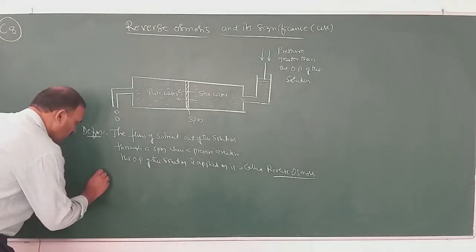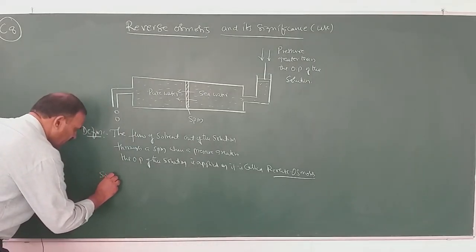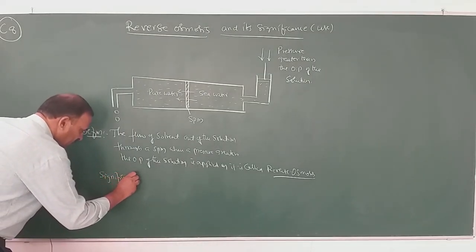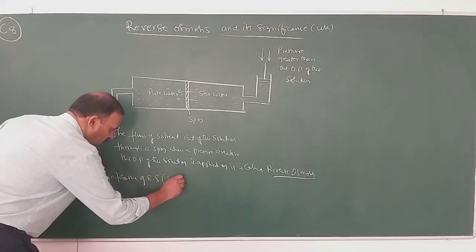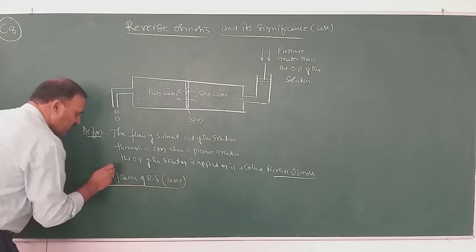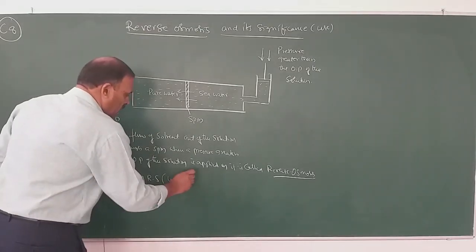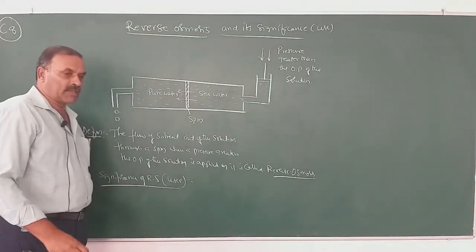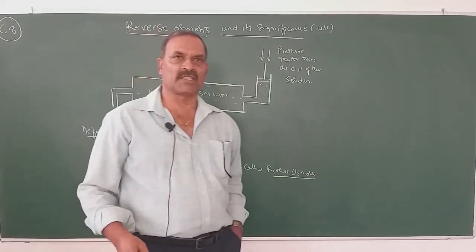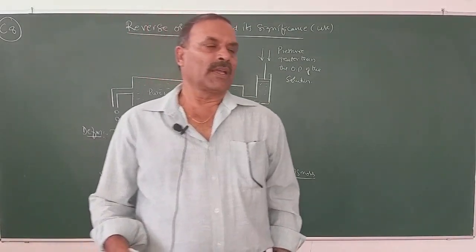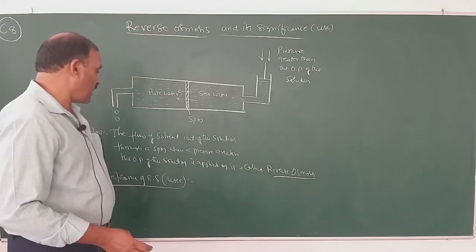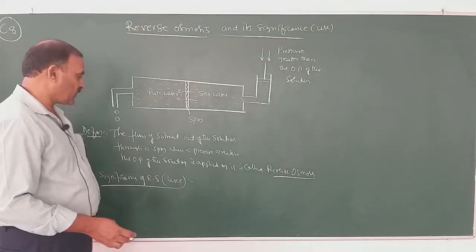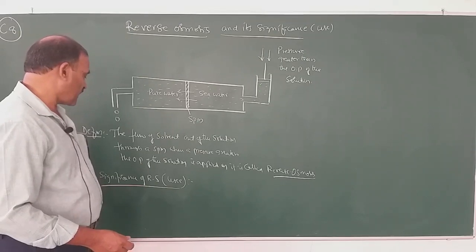So what is the use or the significance of reverse osmosis? The technique of reverse osmosis is used in getting pure water from sea water, where countries are very much suffering from shortage of water.